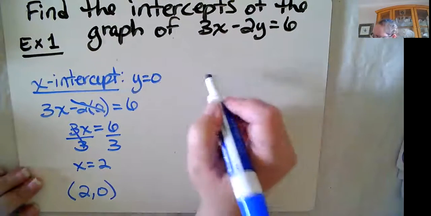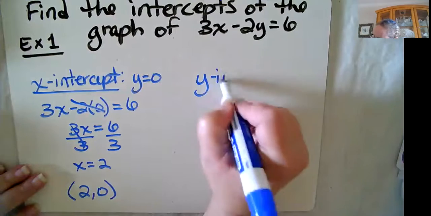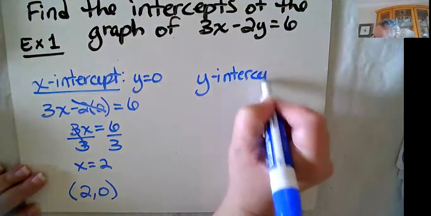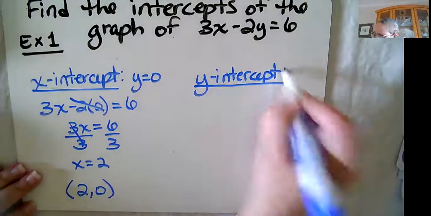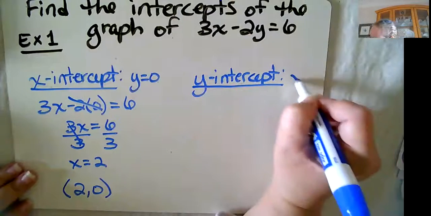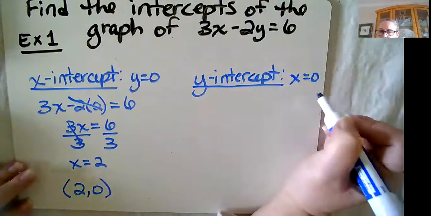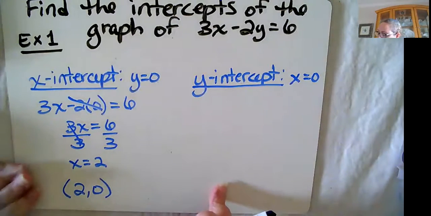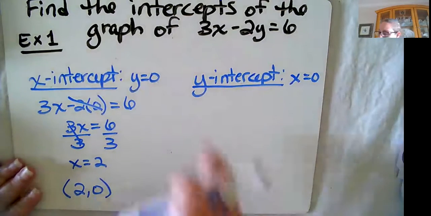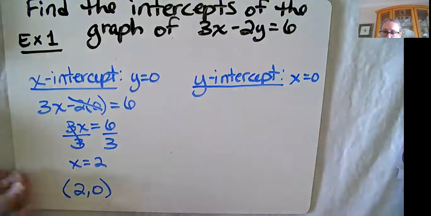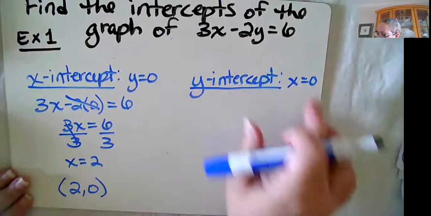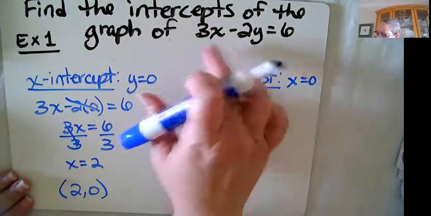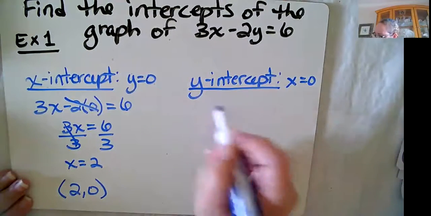Well, now we need to find our y-intercept. When we go to find our y-intercept, at that point, x equals 0. Anywhere on our y-axis, which is our vertical axis, it has a y value, but it has no x. X is equal to 0 at that point. So when we use x as 0, we can plug it in and then solve for our y.